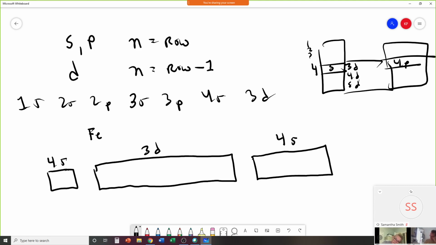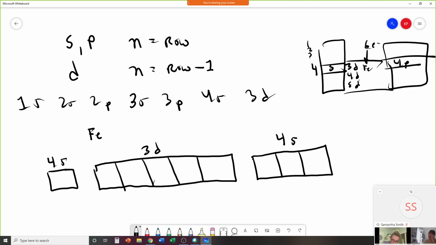Okay, and so where's iron? Iron is the 1, 2, 3, 4, 5, sixth element across on your d's. So iron is right there, and that's 6 across, which means 6 electrons. Has 6 more electrons. So you would go, and the d's, how many orbitals do you have for your d's? You have 5, right? And how many for your s's? You have 1 orbital for s, 2 electrons.